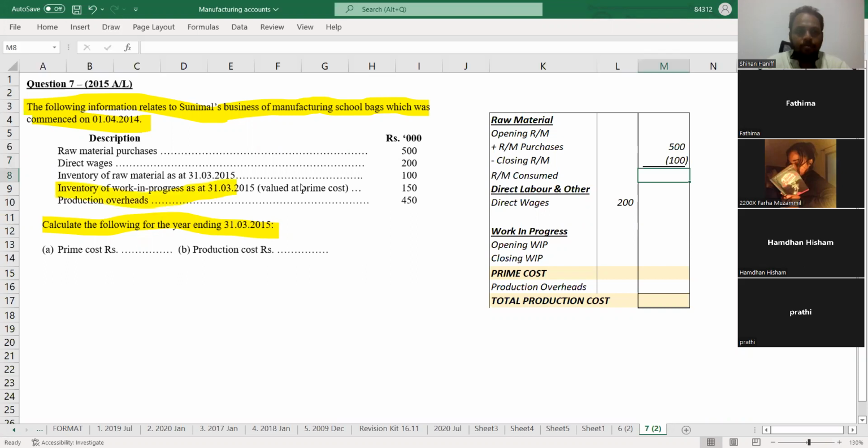Inventory of work in progress, valued at prime cost. So, closing 150. Production overhead. There is no opening work in progress.